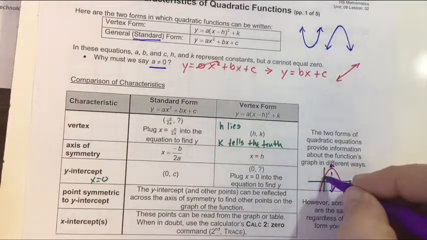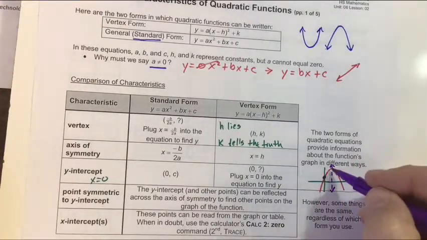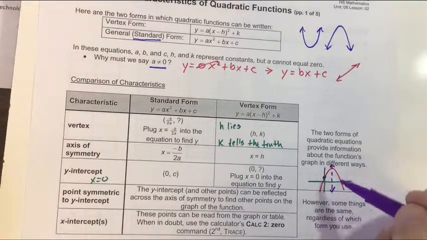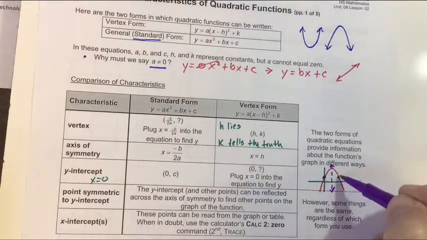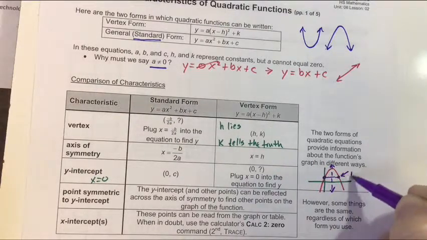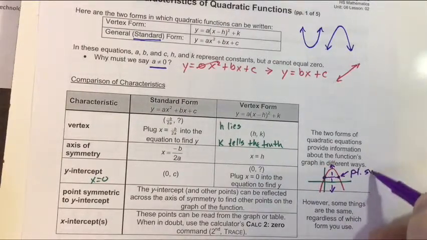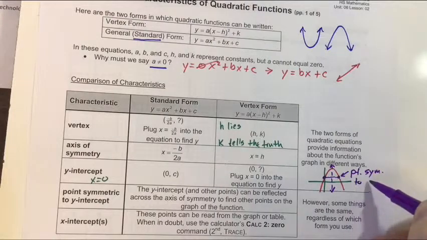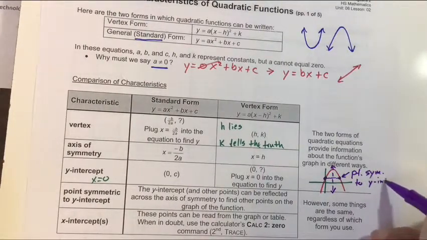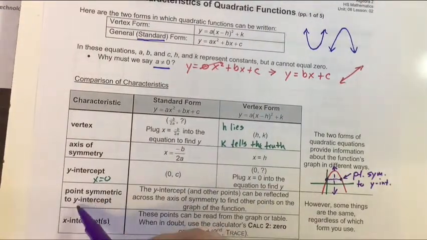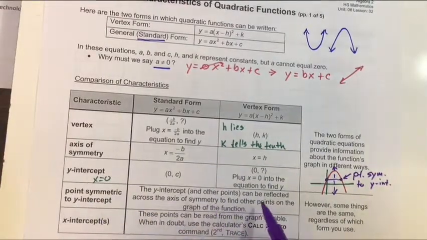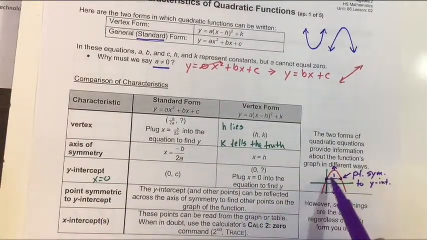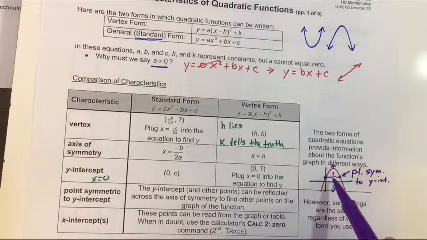This ends up being the y-intercept because it's where that curve crosses the y-axis. We're always going to have another point directly across, called a point symmetric to the y-intercept. We find it just by reflecting this point across the axis of symmetry. It's really just counting. We'll look at that example in a little bit.